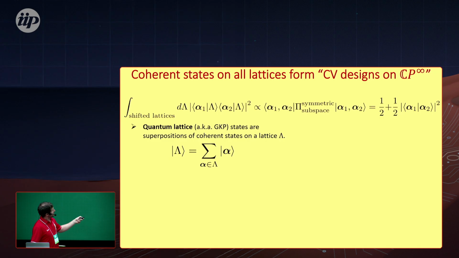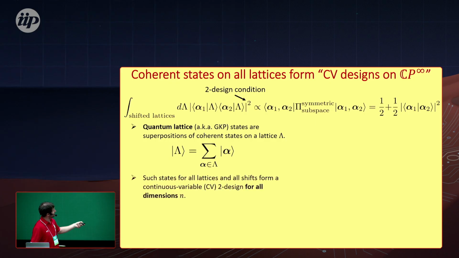So anyway, this is what you want, and we're doing coherent states. So we do this integral, and for any coherent state bracket here, alpha 1, alpha 2, we want these two to be equal. So we're going to show that these lattices form a 2 design. There's a 2 here instead of a 3, etc. This is the 2 design condition.